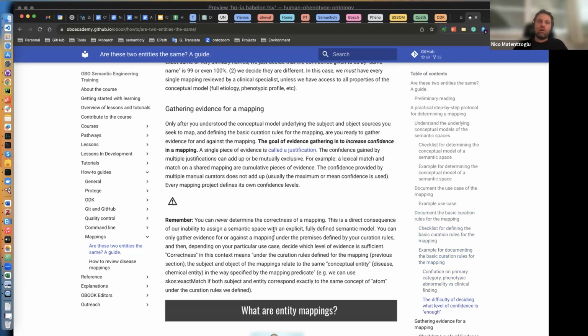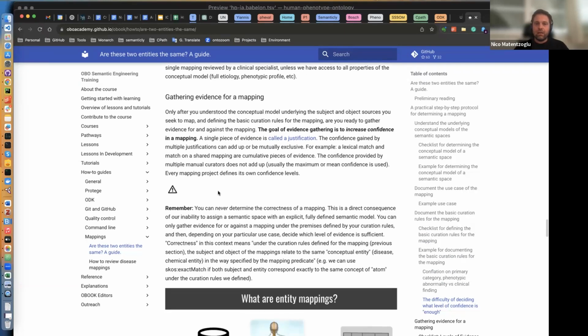So I'm just jumping into the evidence gathering section, which, even if you ignore everything that came before it, I guess is the key piece here. So the first thing that we need to remember is that there is no way that you can determine the correctness of a mapping.